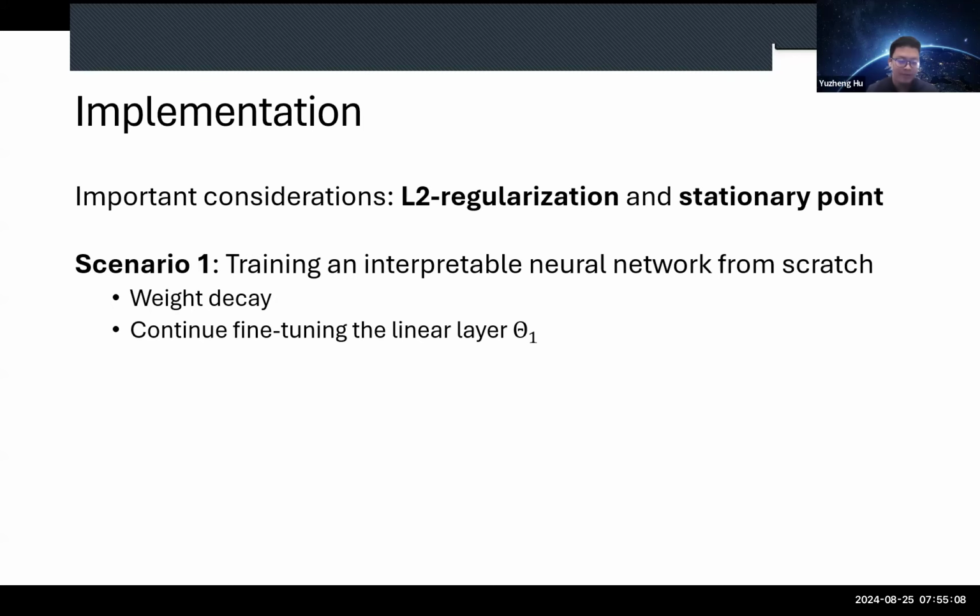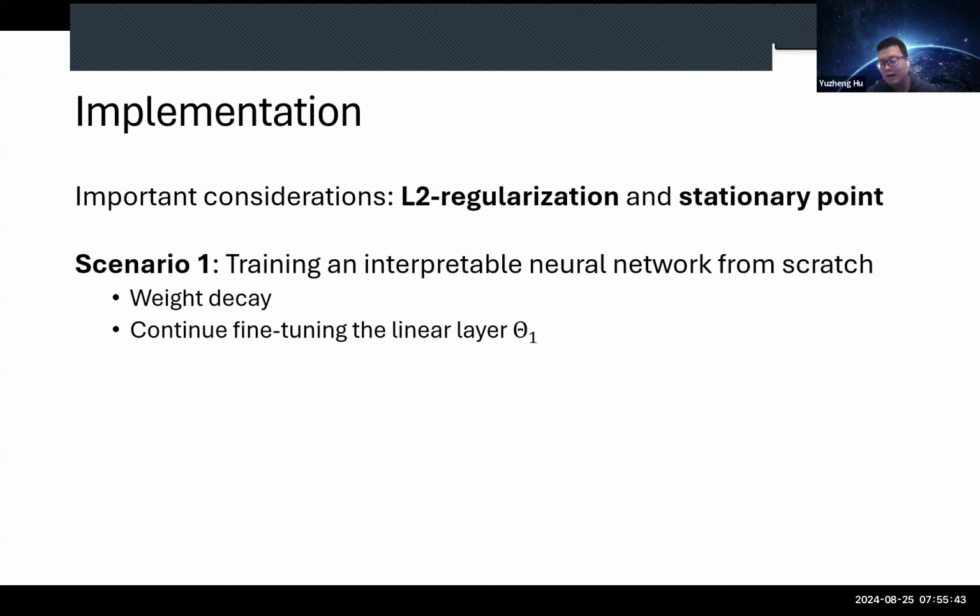So we can first discuss scenario one: how do we train an interpretable neural network from scratch? Meaning that we start from scratch, we want to train a neural network, and then we want to perform this representative point selection. In order to do this L2 regularization, we can just use well-known results in the literature, which say that L2 regularization is equivalent to doing weight decay.